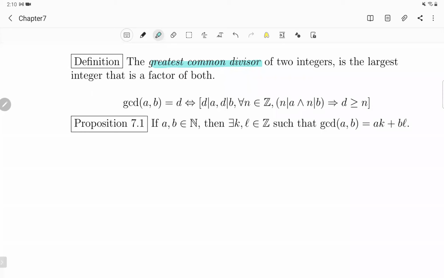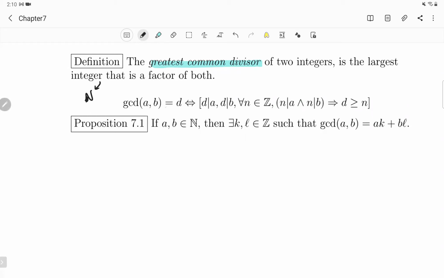The GCD of two integers is the largest integer that is a factor of both. Since it's the largest integer, it's going to end up being a natural number, because if a negative thing works, then the positive version of it works. I put it in symbols.